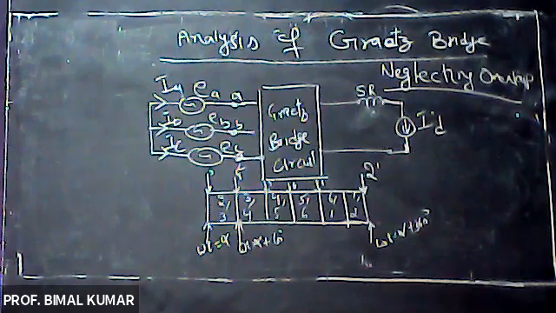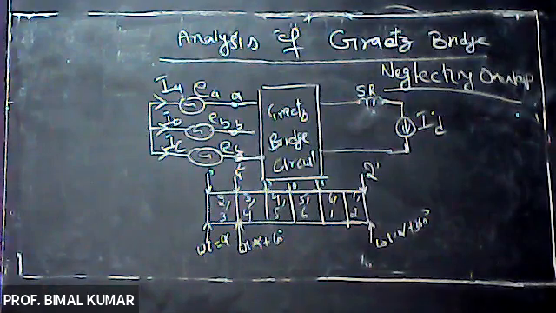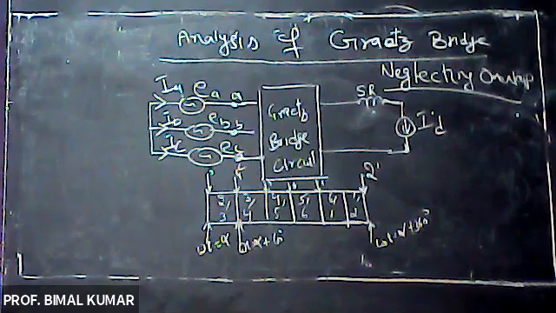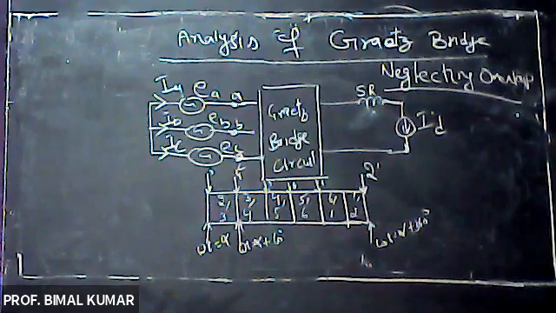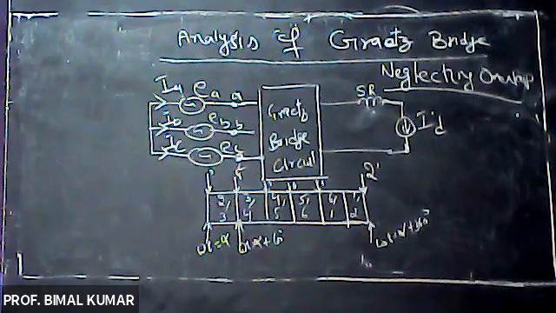So we utilize a number of thyristors in series so that we can tackle that high voltage. If we want to increase the current rating of the device, we have to connect a number of devices in parallel, right? And if we want to increase the voltage rating, we have to connect devices in series.